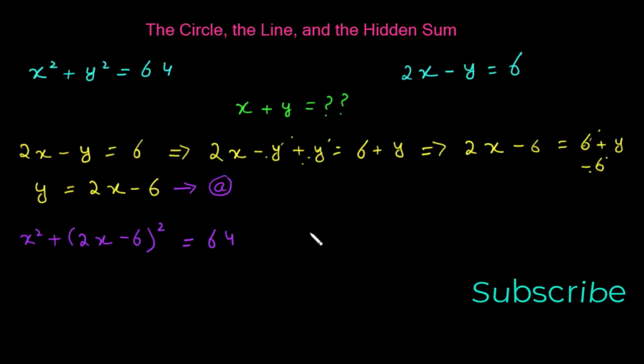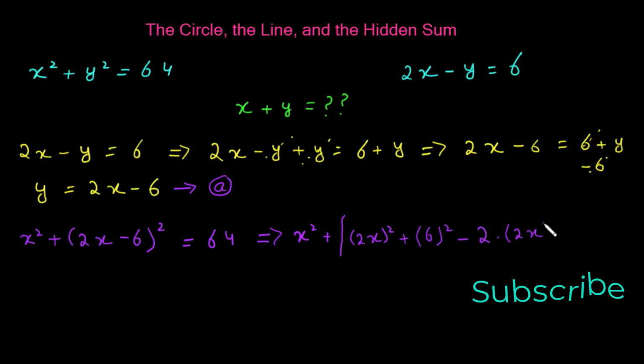Expanding it carefully, I will have x squared, and now applying the square on what's inside the bracket, that will give me 2x squared plus 6 squared minus 2 times 2x times 6 is equal to 64.